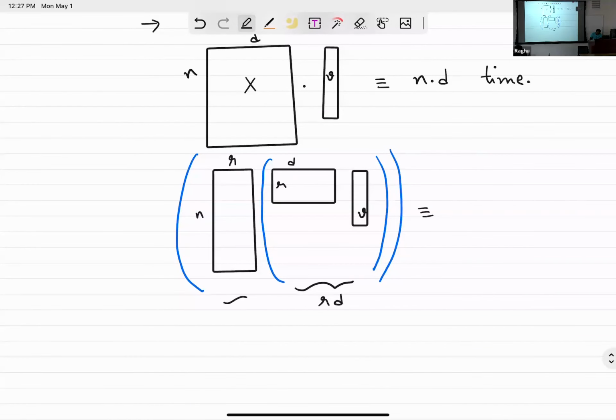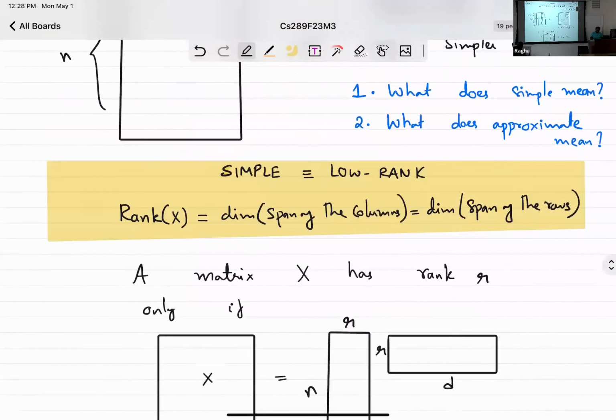And then to compute the next one, you would need N times R. So once again, you have a lot of savings. Computationally, it gives you a lot of savings, and statistically, it's a good model. So it's a good thing to work with. All right, so that answers our first question.